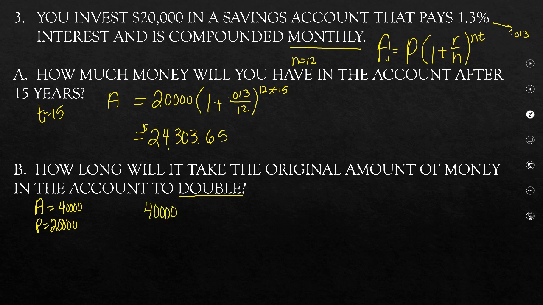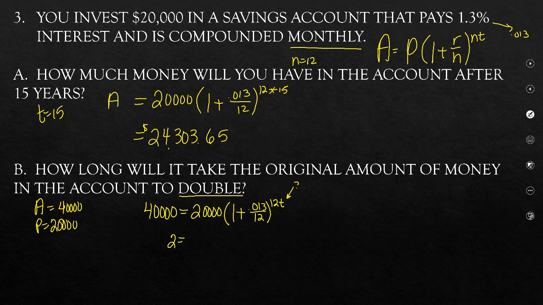Now we know it's going to be longer than 15 years, because 15 years only got us a little bit more than $4,000 on that initial investment. So 40,000 equals 20,000 multiplied by 1 plus the same rate over the same number of times compounded, but my exponent becomes 12t because that's what I'm looking for. Divide both sides of the equation by 20,000, so that gives you 2.